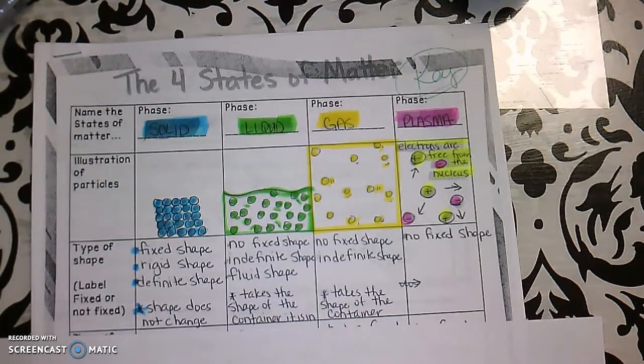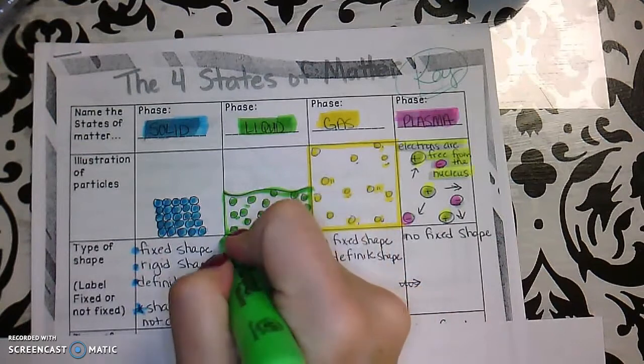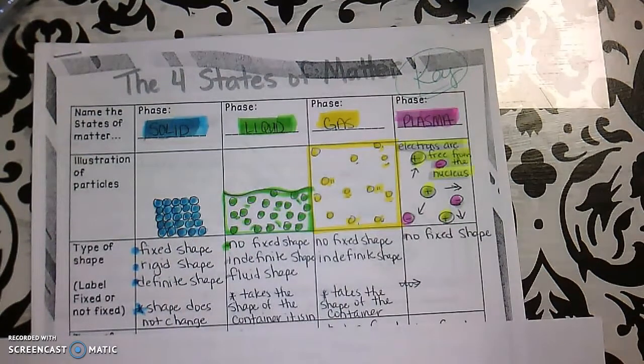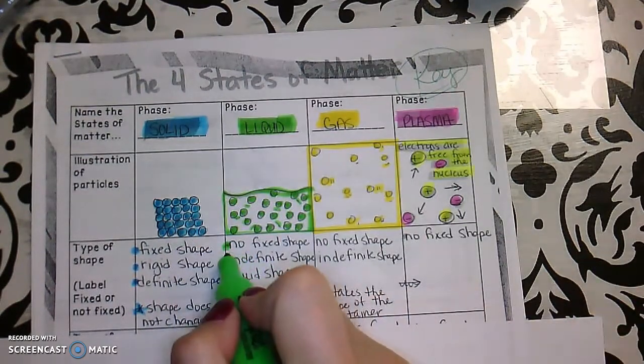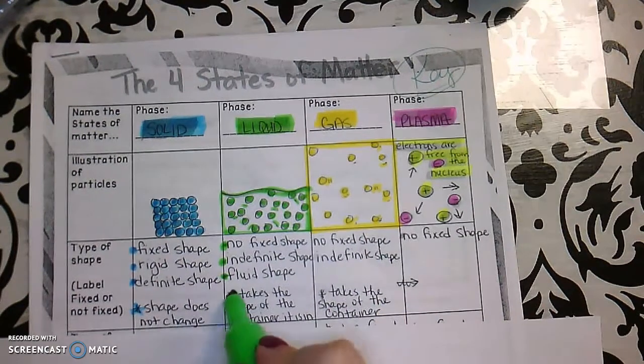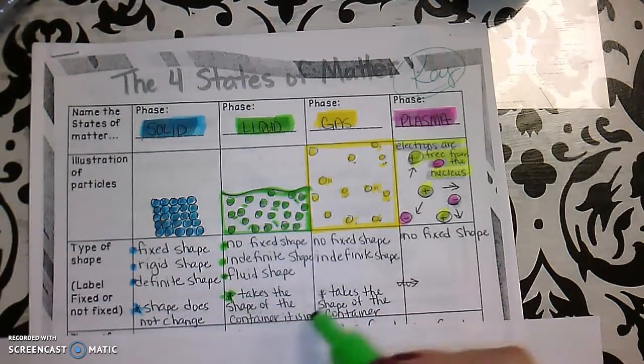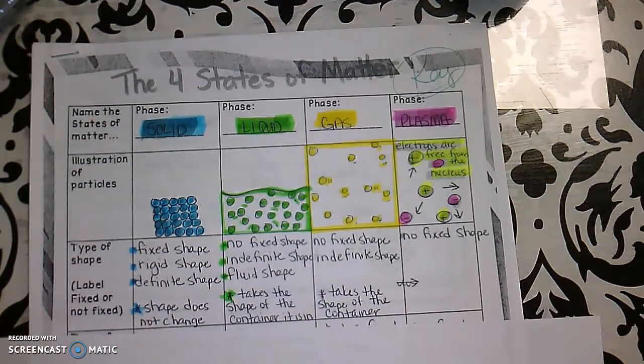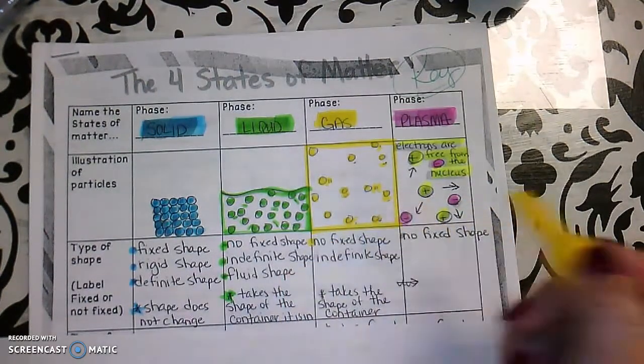Now, for a liquid, it does not have a fixed shape. It's going to take the shape of the container that it's in. It has an indefinite shape, we might say. You could also see where it has a fluid shape. It's going to take the shape of the container that it's in. And then a gas has no fixed shape.